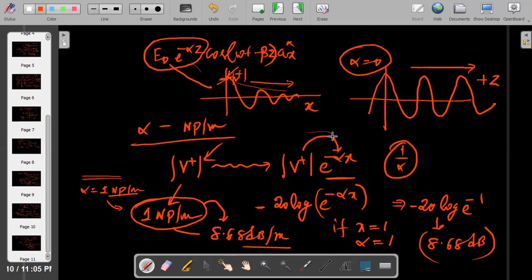You can relate transmission line and traveling wave, uniform plane wave; all are very beautiful subjects and the same only.